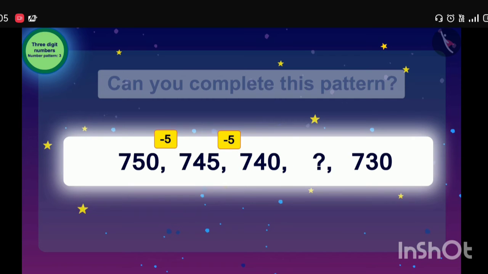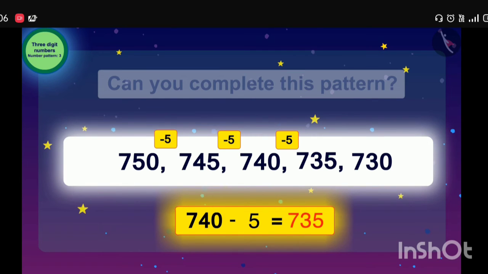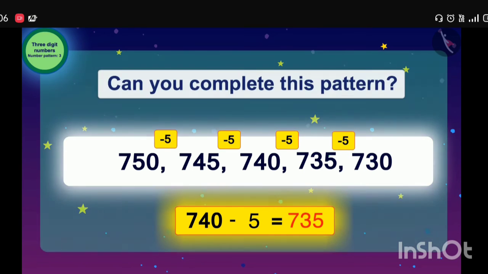Now if we want to know the next number after 740, we have to subtract 5 again, which will give us 735. This way, the number to be filled in the blank is 735, which is 5 less than 740. Look carefully. If we subtract 5 from 735, we get 730, which is already given.